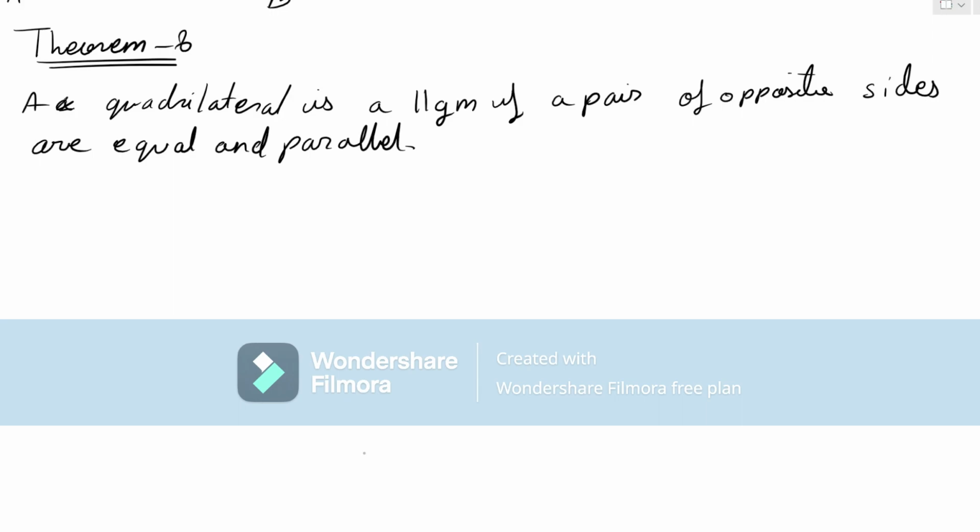Let's read this statement again. A quadrilateral is a parallelogram if a pair of opposite sides are equal and parallel. Let's draw a diagram.